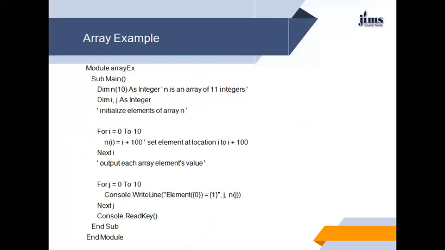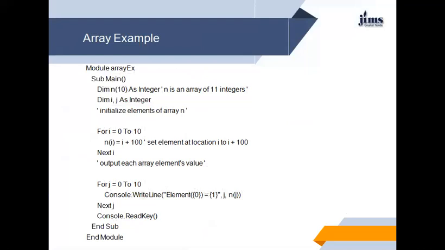Dim i, j as Integer, so the two variables i and j are also integers. Now we are making a For loop, For i = 0 To 10, n(i) = i + 100, so it will set the element at location i to i + 100. Next i, this is the actual syntax of the For loop. We will discuss this syntax later on, but here you can understand we use For and Next. Next i means it will increment the value of i. Again, For j = 0 To 10, Console.WriteLine("Element(" & j & ") = " & n(j)).